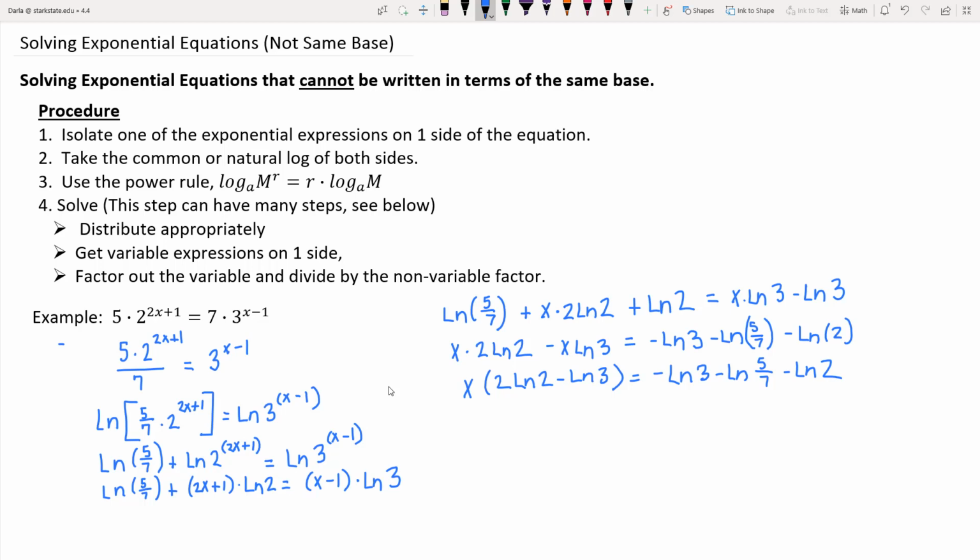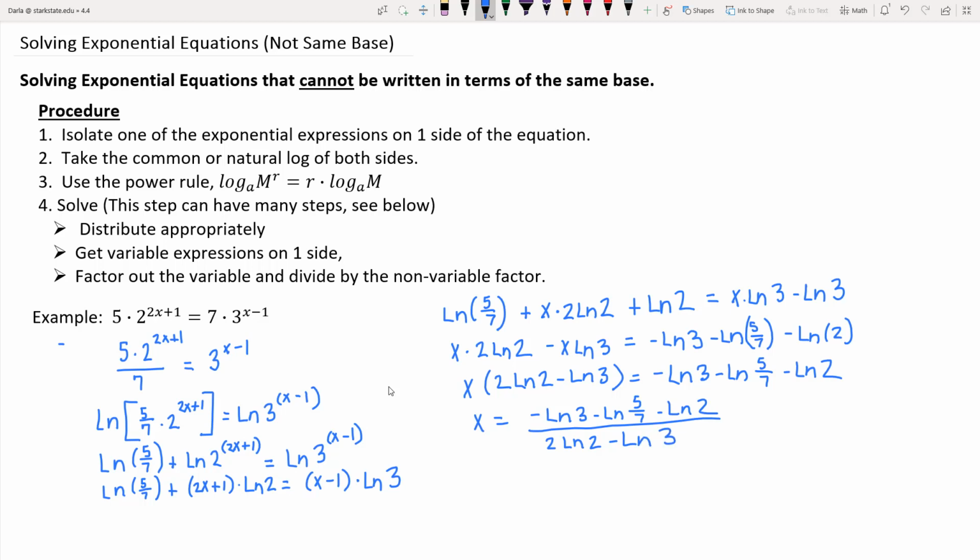Divide off 2 natural log of 2 minus natural log of 3 from both sides. That'll leave us x equals negative natural log of 3 minus natural log of 5/7 minus natural log of 2 all over what you divided off, which was the 2 natural log of 2 minus natural log of 3.